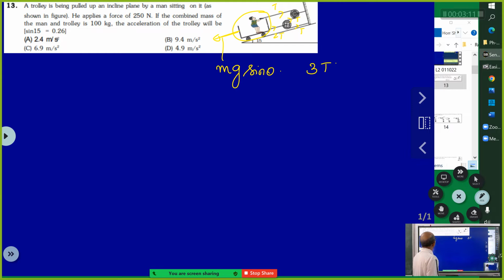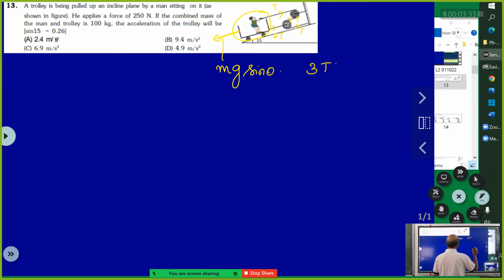Now they have told that the force F is 250 newtons, and the mass is 100 kg, and the trolley is pulled on an inclined plane by the man. So its pull means he is trying to go up.